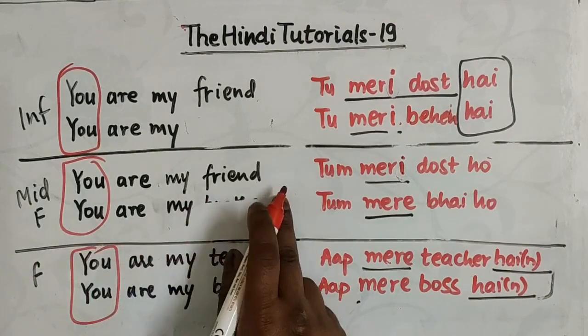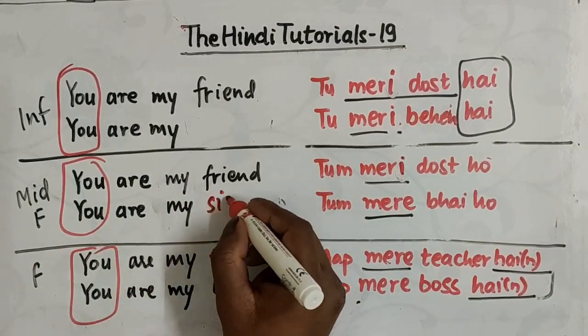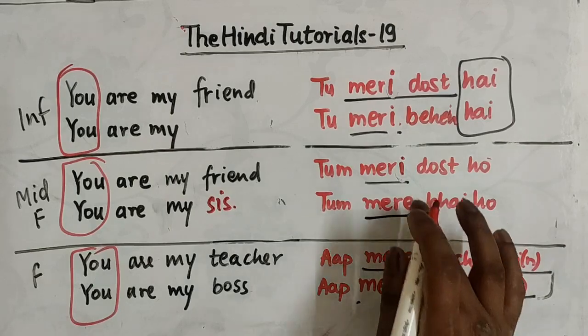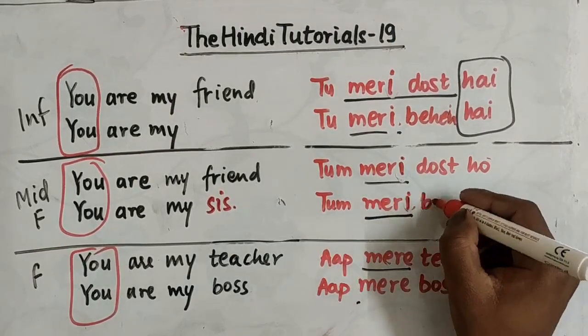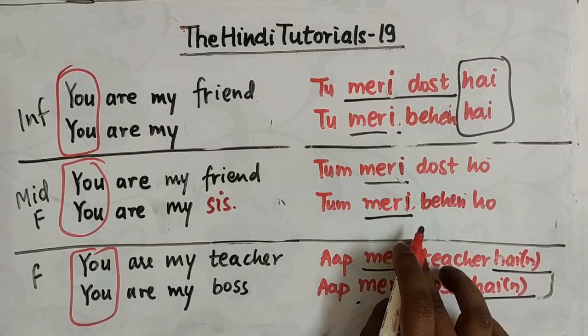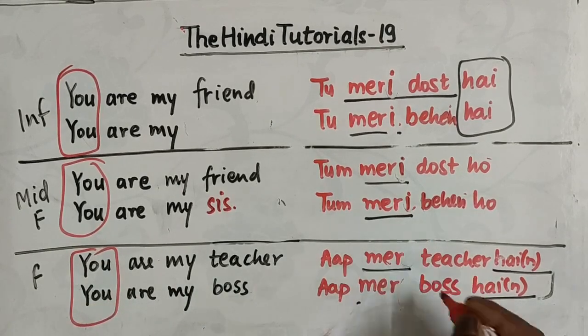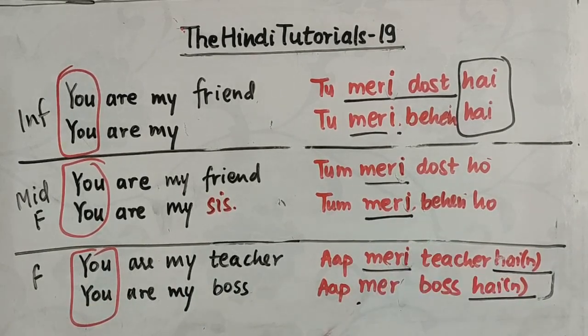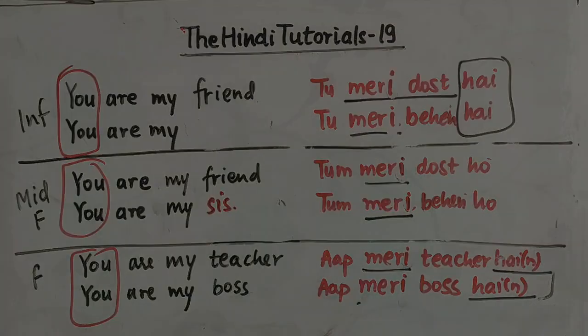You are my sister would become तुम मेरी बहन हो. You are my teacher and you are my boss. आप मेरी टीचर हैं, आप मेरी बॉस हैं. So there are minimal changes and minimal variations in case of female words. ठीक है.